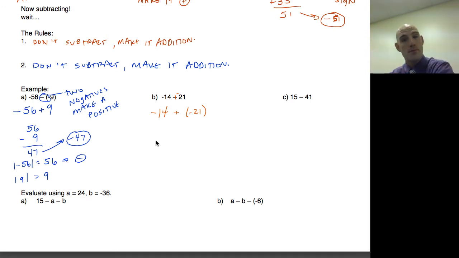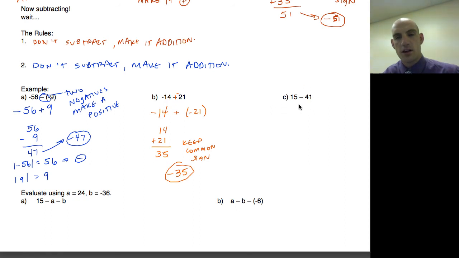See, I made it an addition problem. I can make it plus a negative. And so now I have the same sign. So I'm going to say 14 plus 21 is going to be 35. And I keep the common sign. And so that's going to be a negative 35 for my answer. See if you can do this one. Let me give you a hint. This is actually going to become a plus a negative 41. All right, so this one's for you. Try that one.